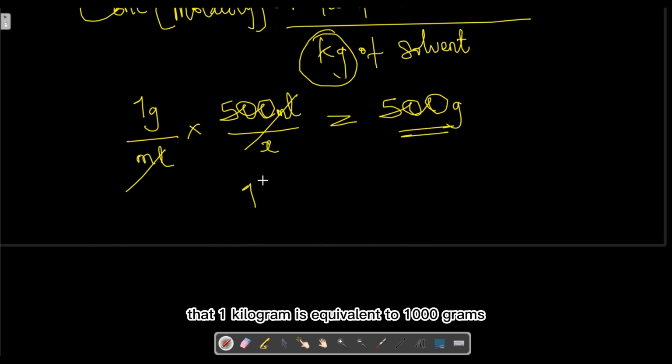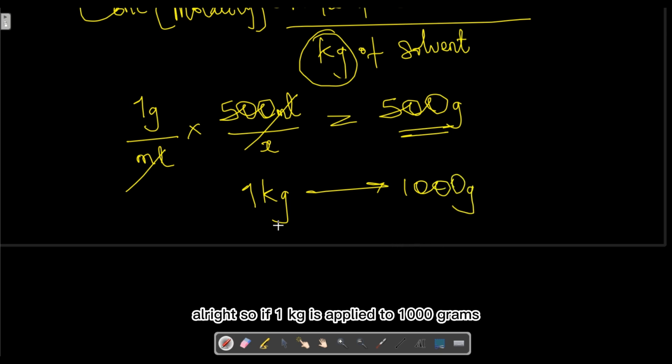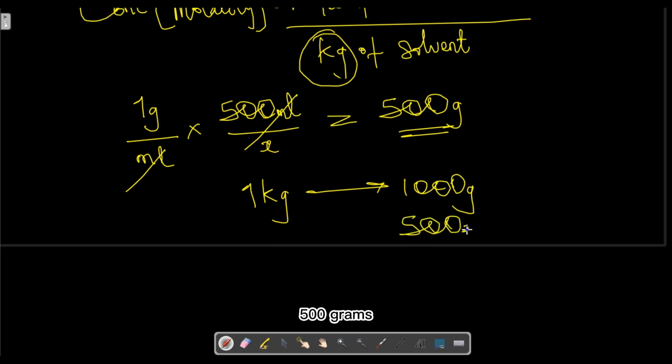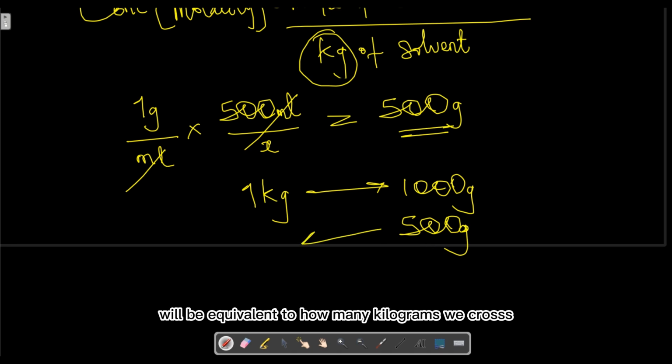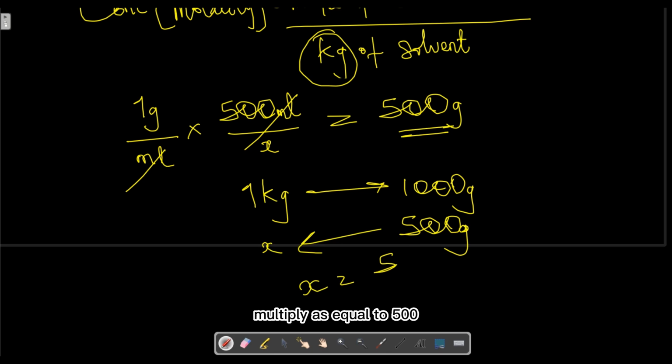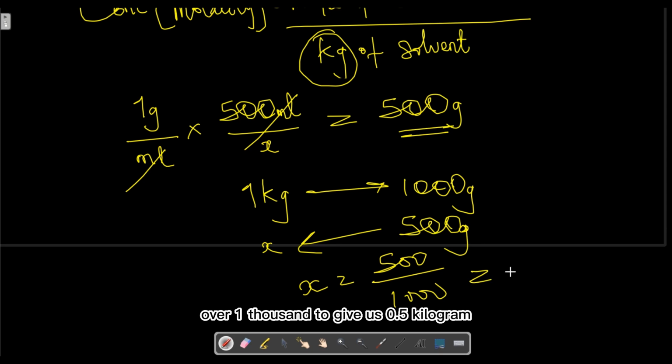And you know that 1 kilogram is equivalent to 1000 grams. All right, so if 1 kilogram is equivalent to 1000 grams, 500 grams will be equivalent to how many kilograms? We cross multiply, S equals 500 over 1000 to give us 0.5 kilogram.